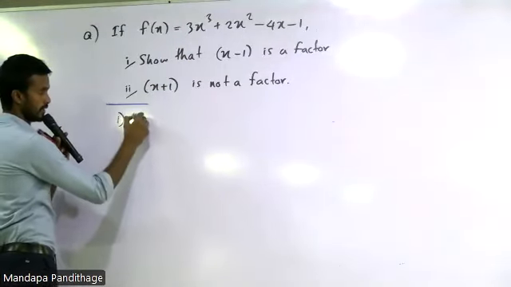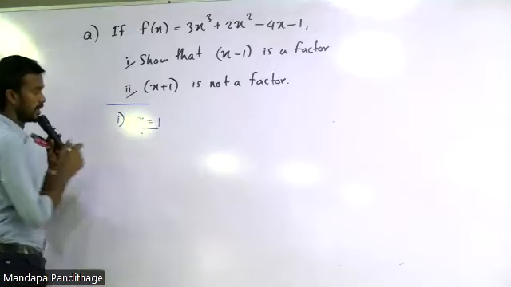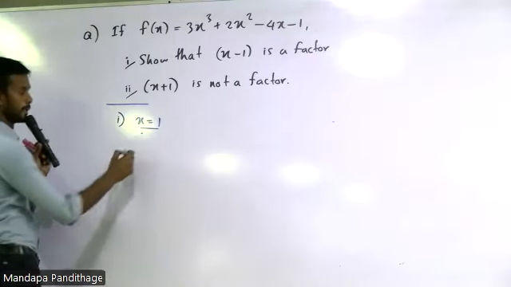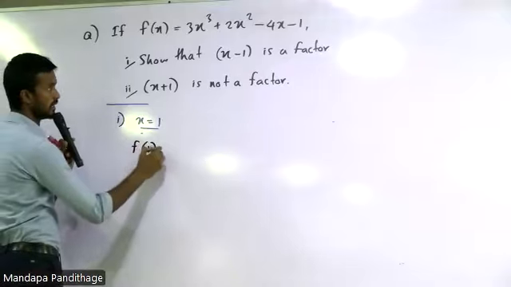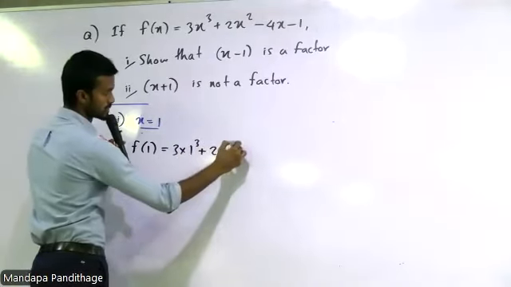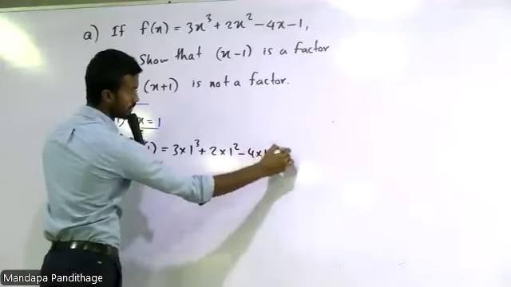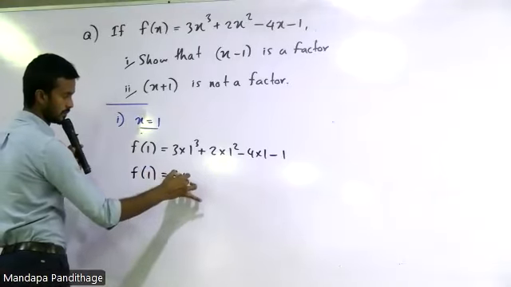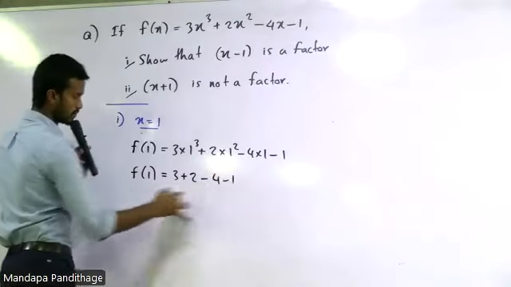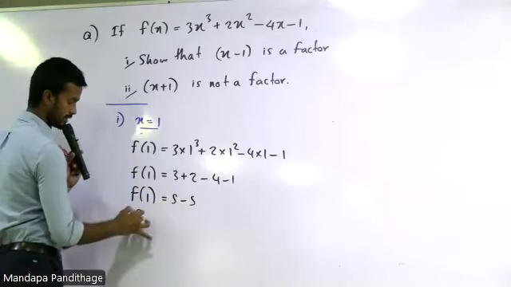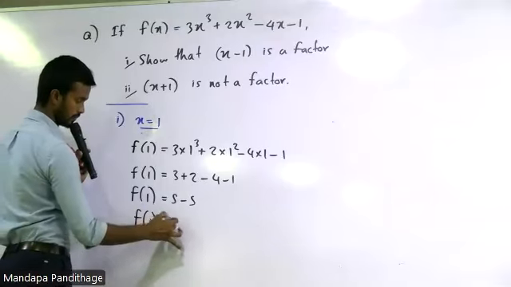I consider f(1), so x equals 1. If you substitute x equals 1, I get f(1) equal to 3 into 1 cubed plus 2 into 1 squared minus 4 into 1 minus 1. Then you get 3 plus 2 minus 4 minus 1. f(1) is equal to 5 minus 5, which is 0.